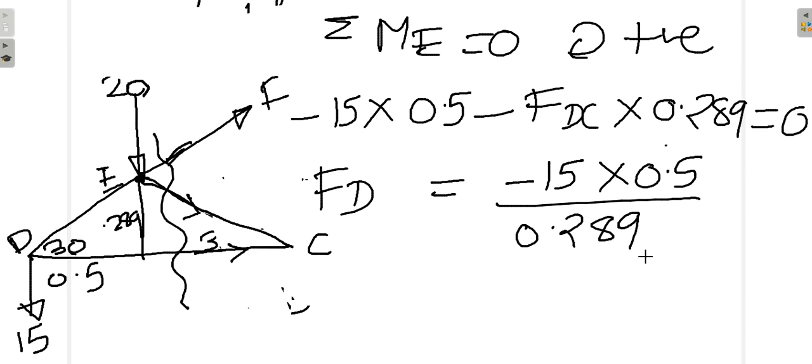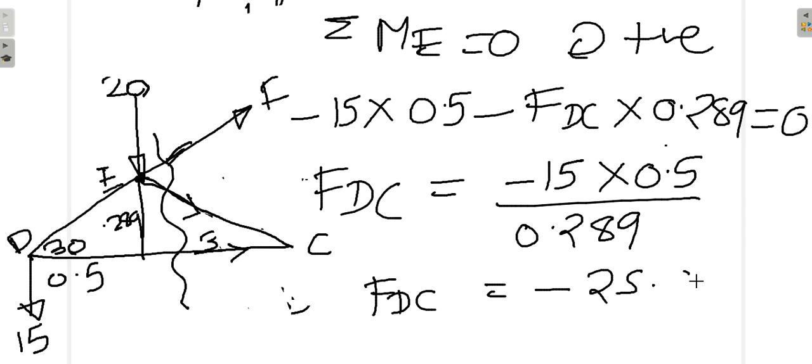I'm getting 25.95, that is 26, and obviously it's a compression because the answer is negative. It is in conjunction with what answer we got previously. It was 25.95.